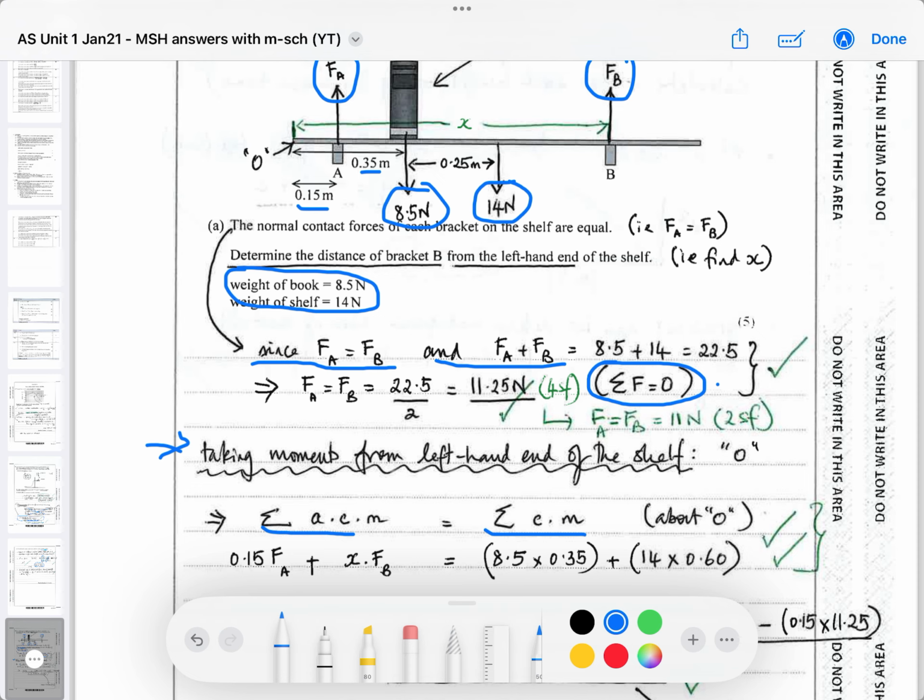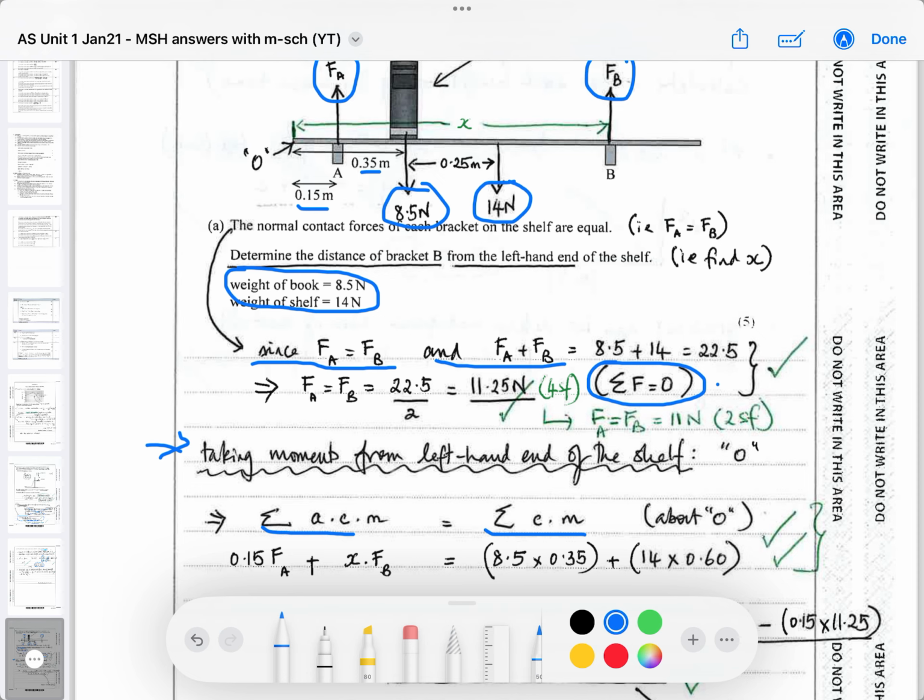So 0.15 times FA, if you notice that, plus X times FB, because those two are anti-clockwise. Because if O is the center of the clock, FA and FB will be moving against the clock direction, so anti-clockwise.